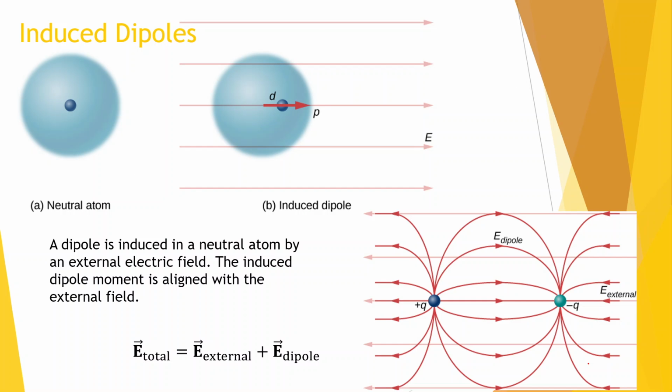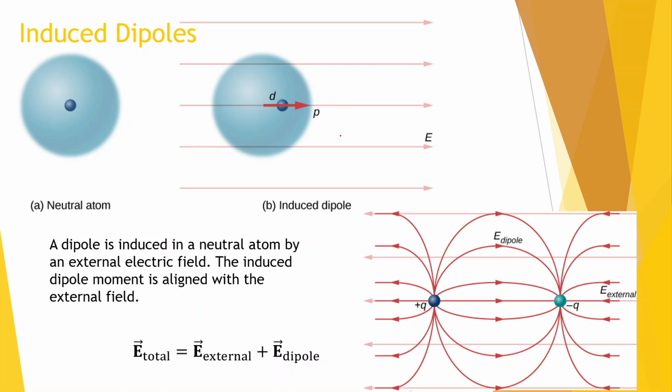Okay. So we can induce dipoles. So let's, for example, take this neutral atom here, and we will induce a dipole by an external electric field. So we introduce an external electric field, E, and the dipole moment will be induced, and it aligns with the external field, like we just saw.